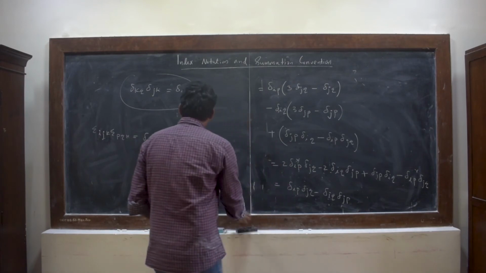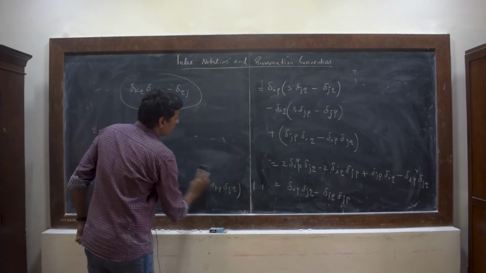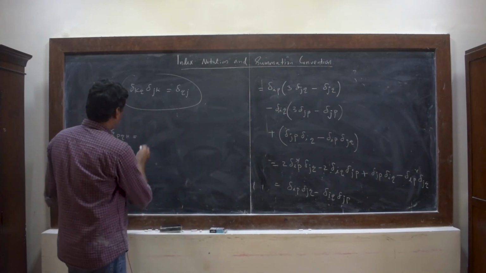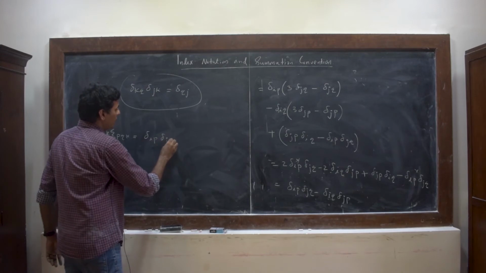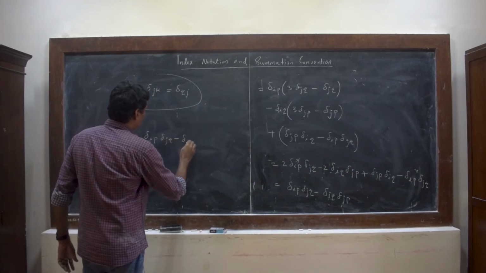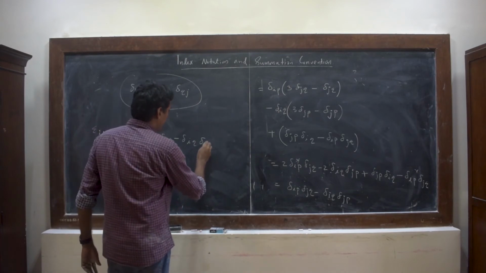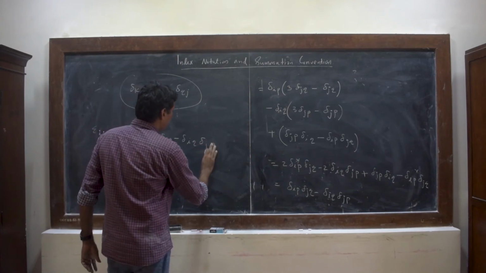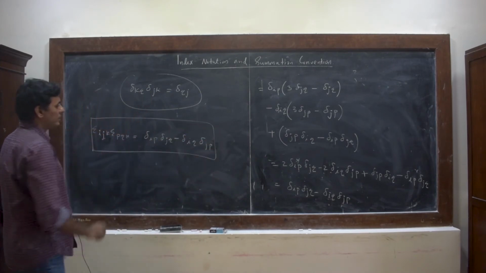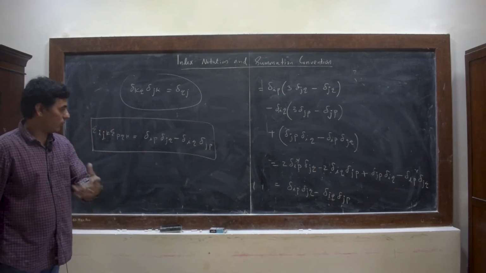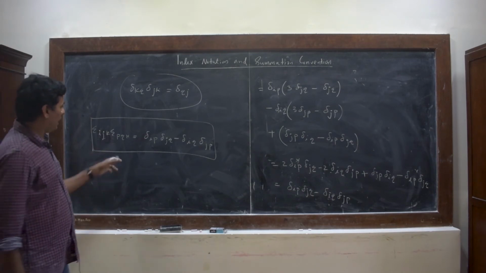Okay. So I'll write this here. This is equal to delta IP delta JQ minus delta IQ delta JP. It's a very important result, and it will be extremely useful for you as we go along. And how do you get it?